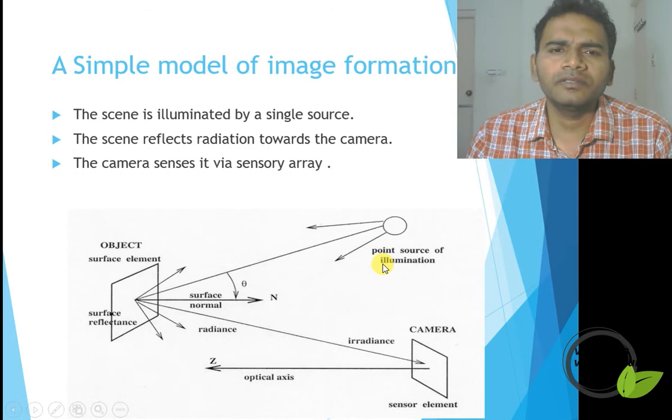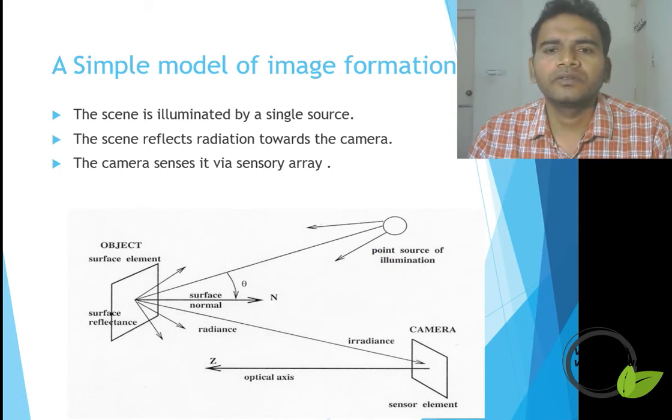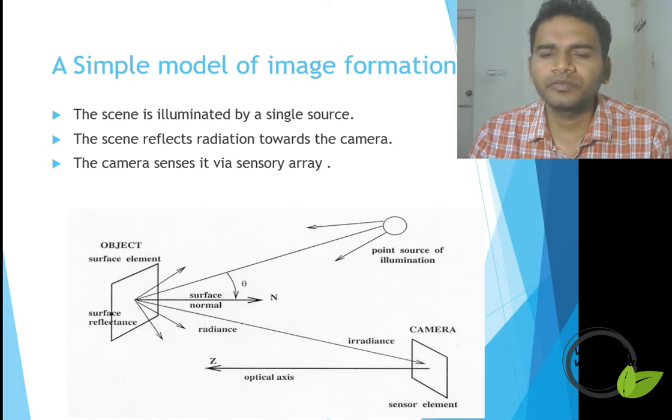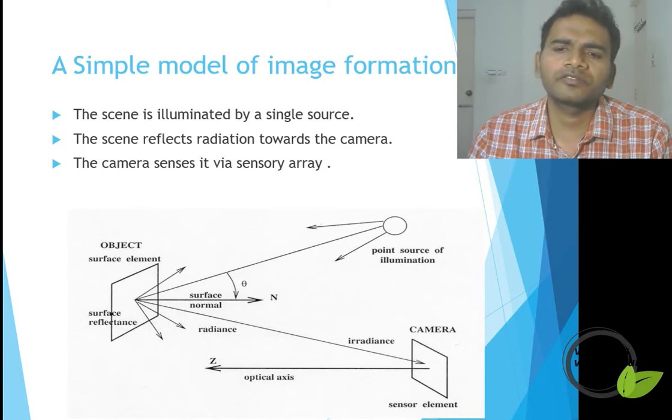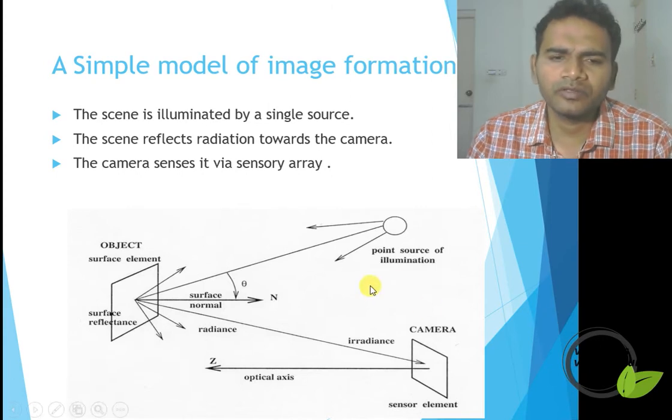Now let's check how the image is formed. The entire scene should be illuminated by a source. If there is no source, no illumination, no image is captured. The best example is that you cannot take a good quality image if the light is poor. So you require a good point source of illumination, or it could be a distributed source of illumination.